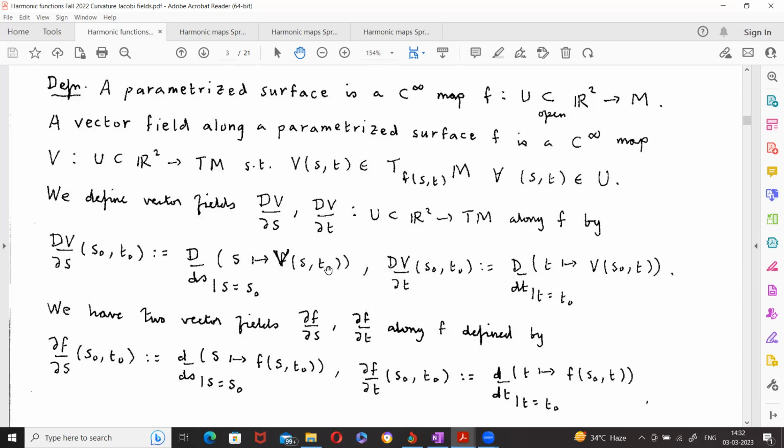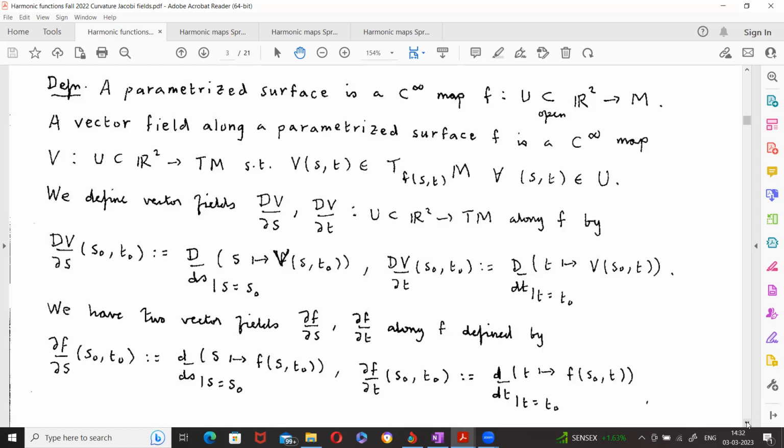You fix t equal to t0 and look at V as a function of just s, so s goes to V of (s, t0). This is a vector field along the curve s goes to F of (s, t0). So I can take its covariant derivative along that curve, D/ds of this vector field along the curve. This is defined to be DV/ds. Similarly, you can define DV/dt by fixing s equal to s0 and taking the covariant derivative with respect to t.